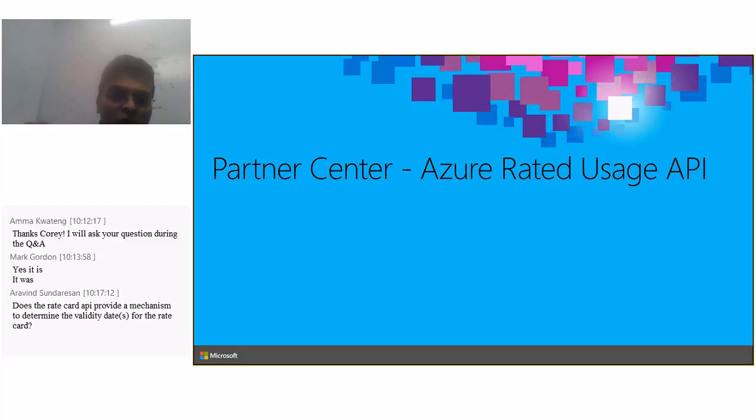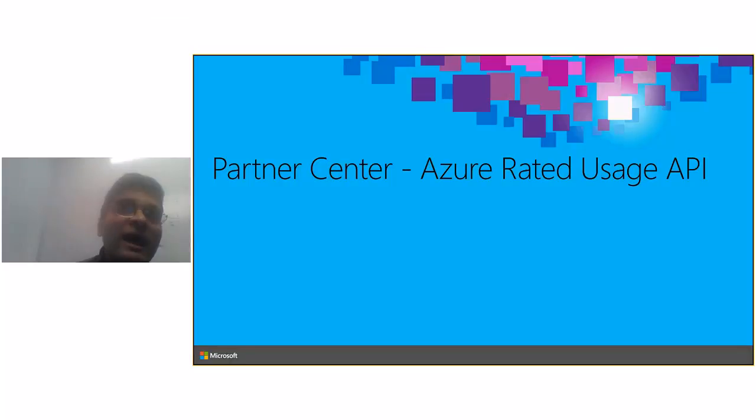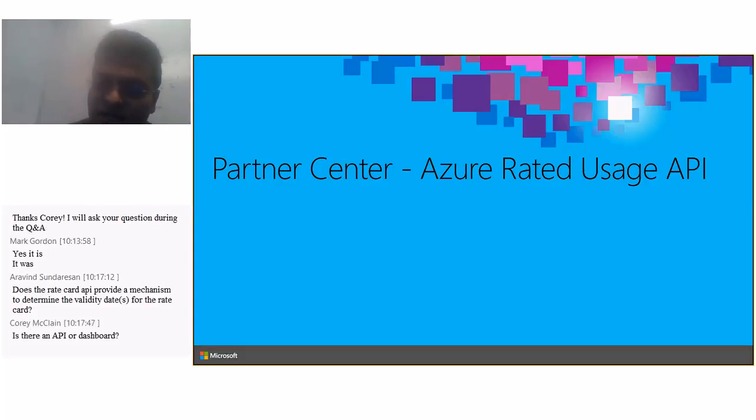So if you log in with the admin account to account.windowsazure.com, that is for the customer. Let me rephrase the question: is it more towards the partner view of how much the customer is using, or is it the customer view of how much is remaining?